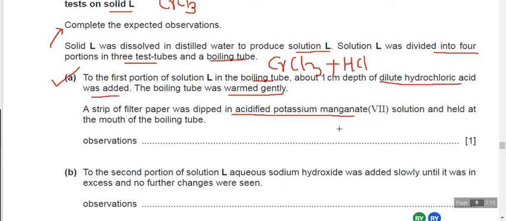and you are warming it. So for example, a strip of filter paper dipped in acidified potassium manganate and held at the mouth of the boiling tube. So here no gas will come out because no reaction will happen here. That's why you can write it here, that is no observation.